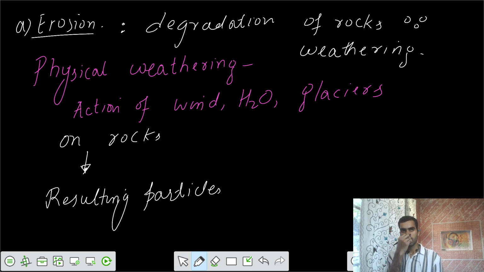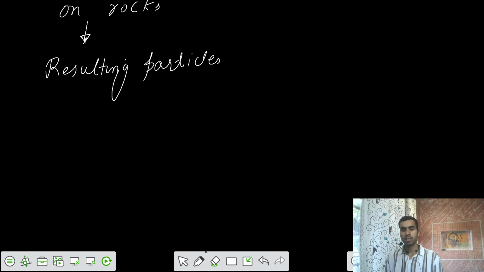So the chemical configuration or chemical constituents of that particle would be the same as that of the parent material. So the resultant particles would have the same chemical formulae.